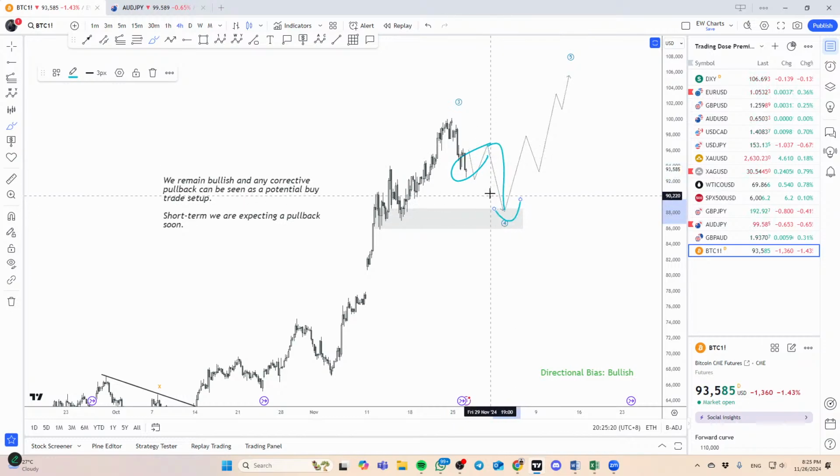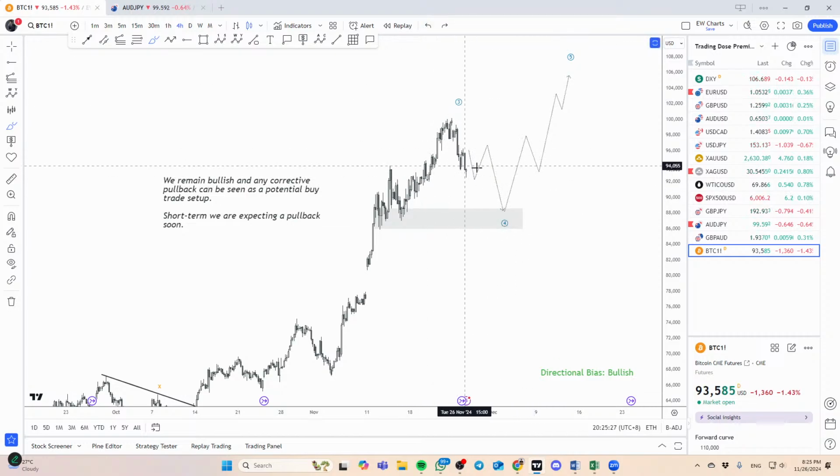Short term is going to be coming down, but personally, I don't think it's a good idea to be selling it. I would personally rather wait for the pullback and then look for the buy. That would be a much safer way of trading crypto.